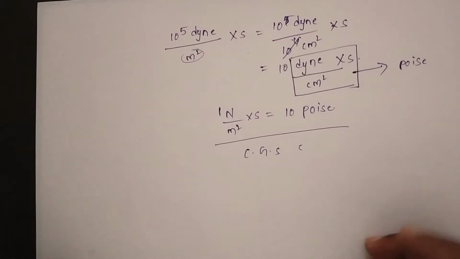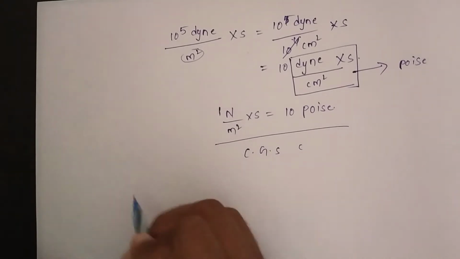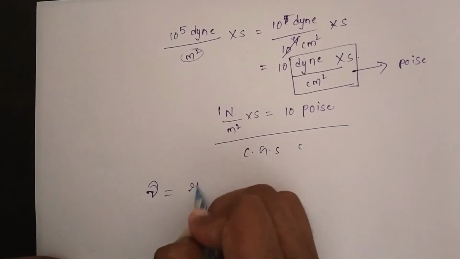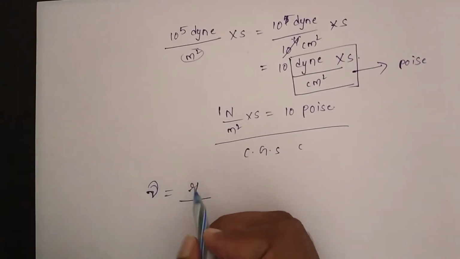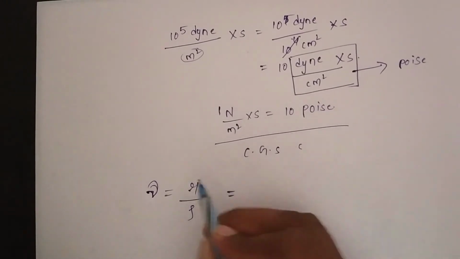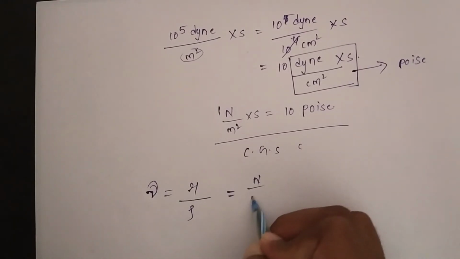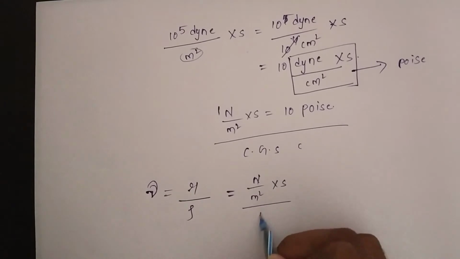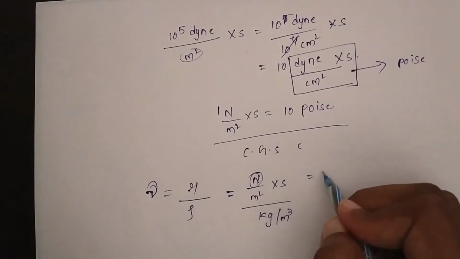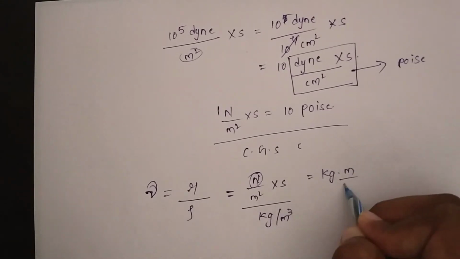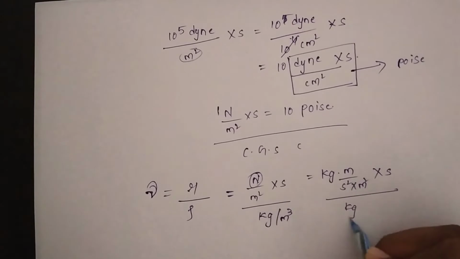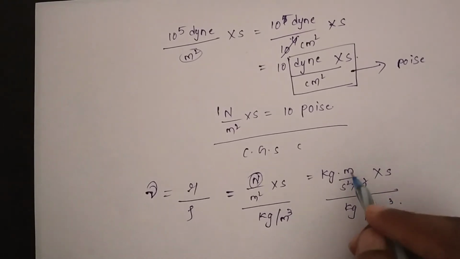Now kinematic viscosity. Kinematic viscosity is nothing but the ratio of dynamic viscosity to the density of the fluid. Now units are Newton second per meter square divided by kg per meter cube. Now we should convert again into kg meter per second square into meter square into second divided by kg per meter cube.